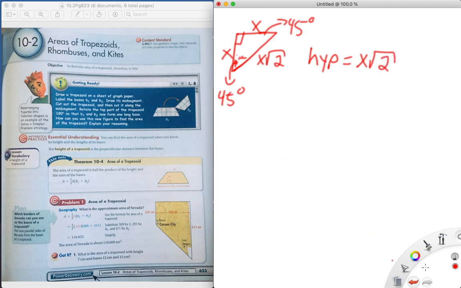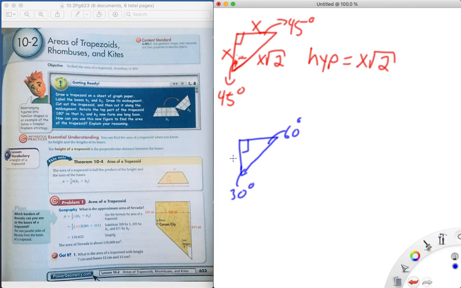Then we have a 30, 60, 90, and this is not to scale, so it looks the same. 30 degrees, 60 degrees, and 90 degrees.